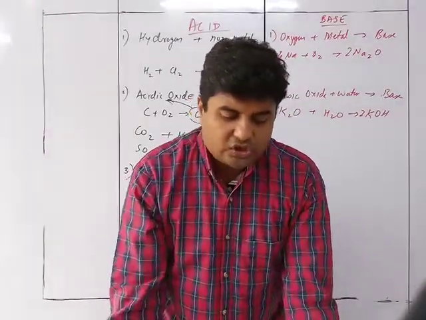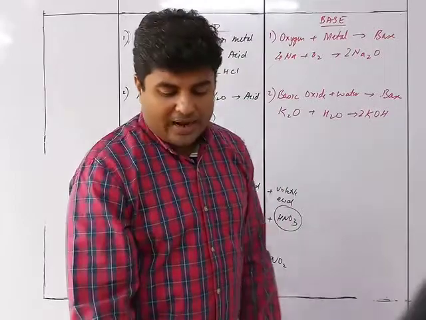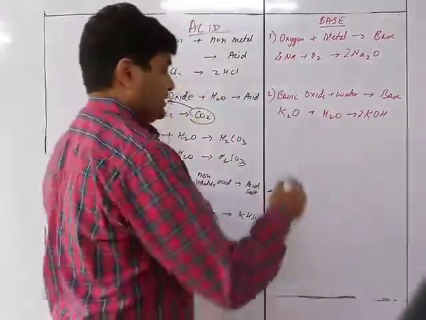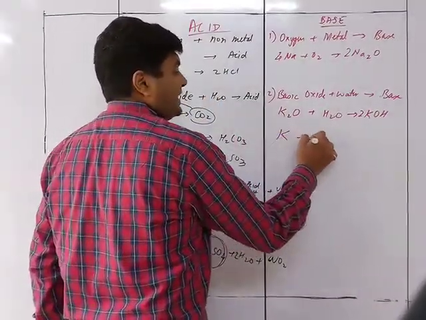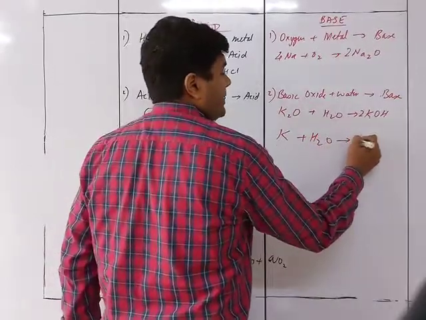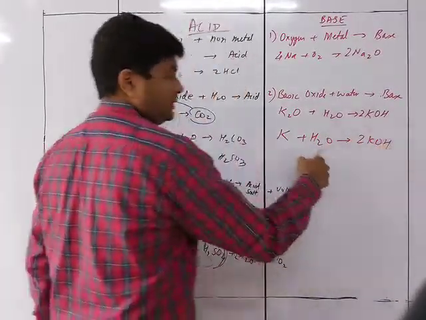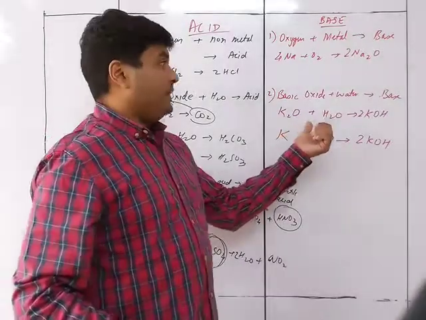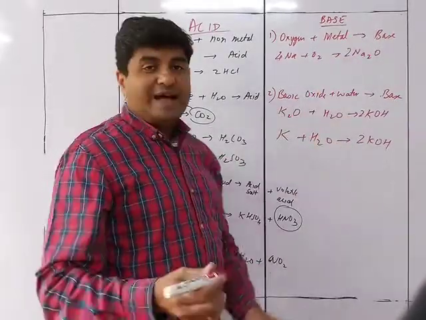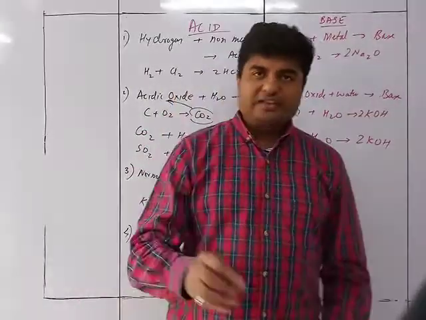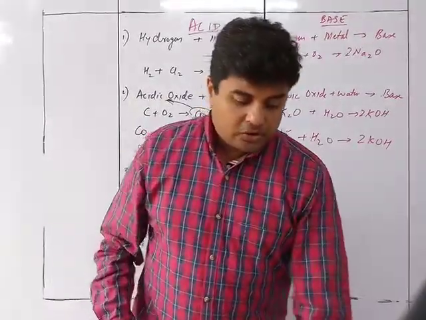Active metals also react with water to give you a base or alkali, that is again the same thing. K plus H2O can also give me KOH. A shorter method: instead of going through this and then this, directly take sodium or potassium and put it in water, and the work is done.